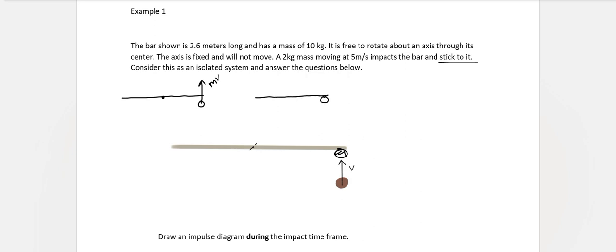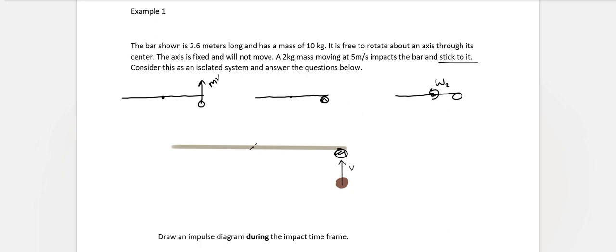The putty is in the process of sticking. I'm talking about the 100th or 1000th of a second that the impact takes place. This is going to be for the impulses, and I'll draw those here in a moment. And then the third picture: here's the bar, putty stuck to it, and the bar is now rotating.